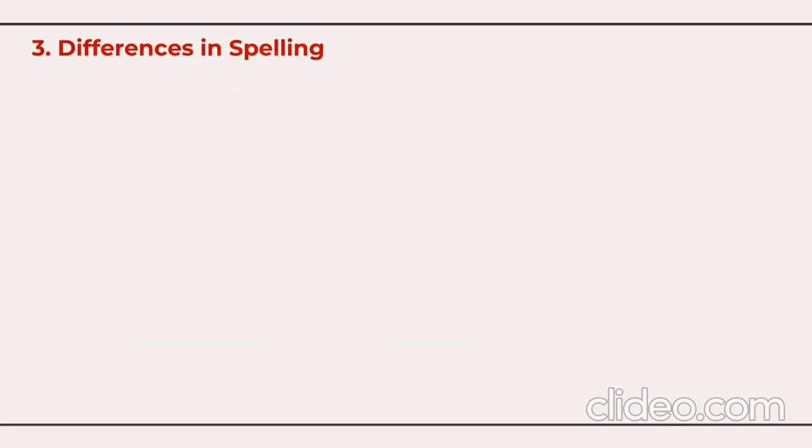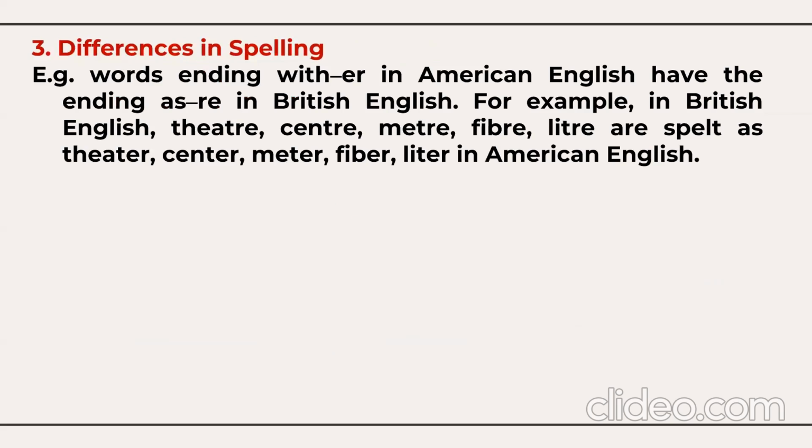Next difference we have here is the difference in spelling. The words ending with er in American English have the ending re in British English. For example, in British English, theatre, centre, metre, fibre, but in American English, it is ter.